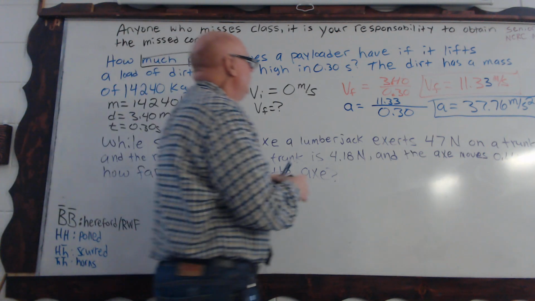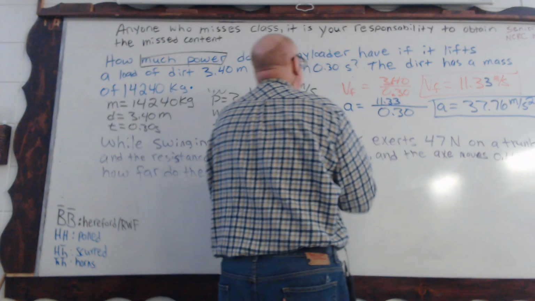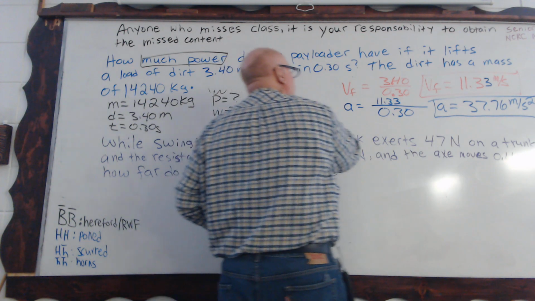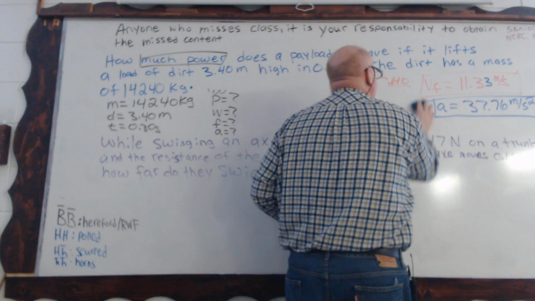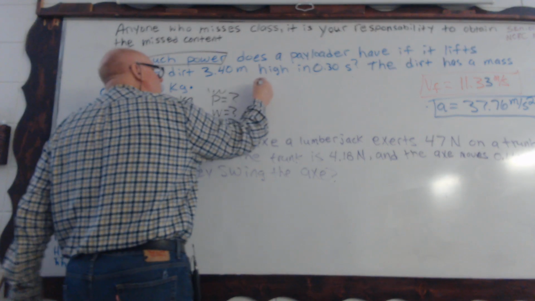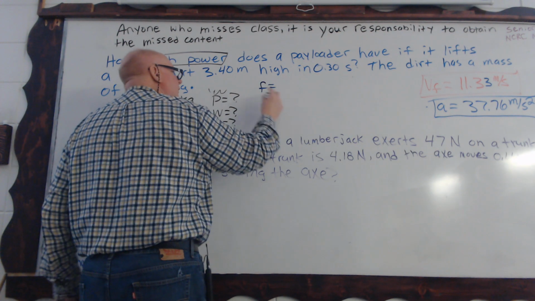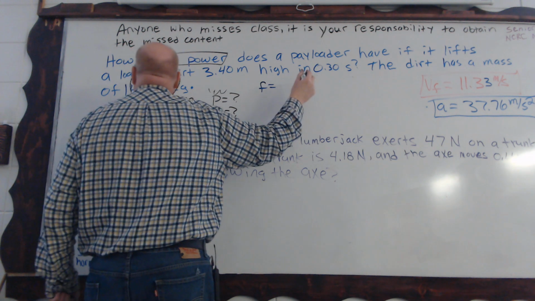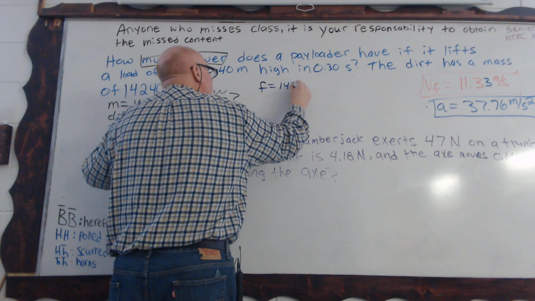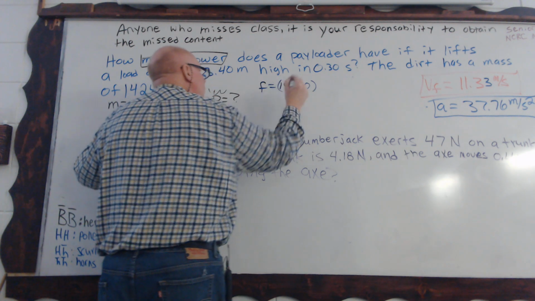Okay, so I think we can get rid of this, or these, because we've found those. So what does our force equal now? And our mass is, according to our setup, 14,240 times what?